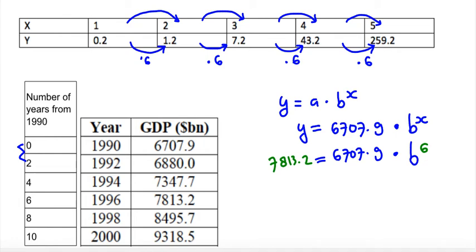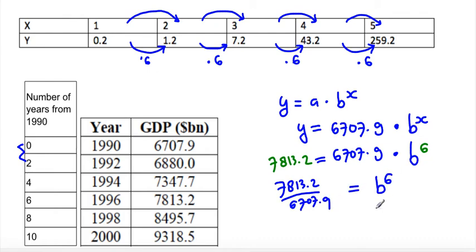However, the rest of the process is the same. Algebraically, we remove this times 6,000 something by dividing the left hand side by that number, and this will be equal to b power 6.